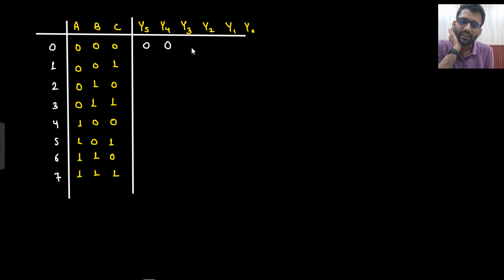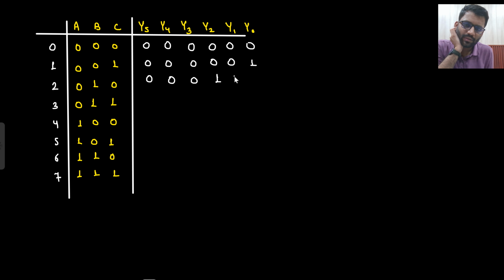Square of 0 is 0 only. Square of 1 is 1 only. Square of 2 is 4. So this is 1, 2, 4, 8, 16, 32. Square of 3 is 9.